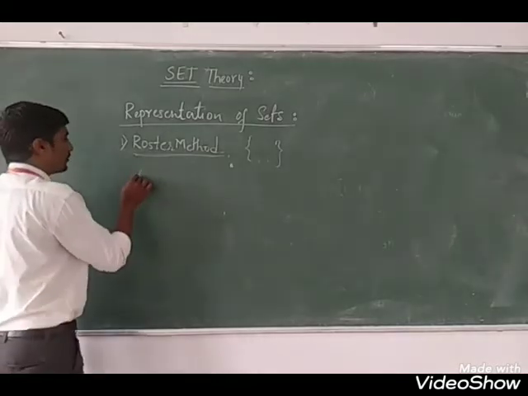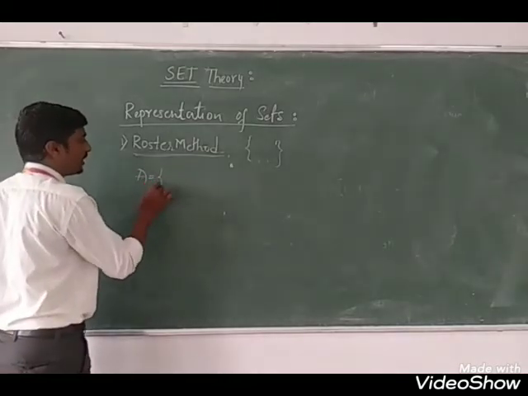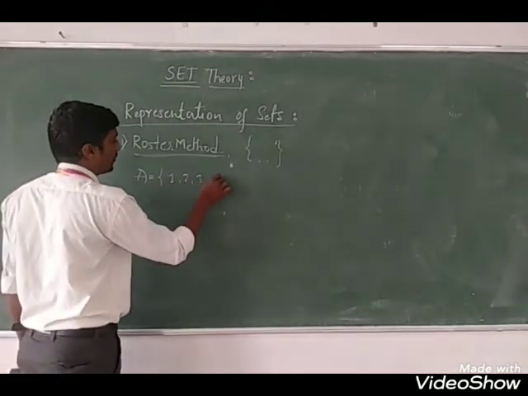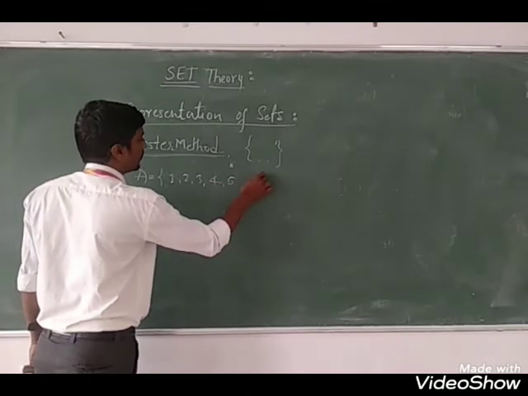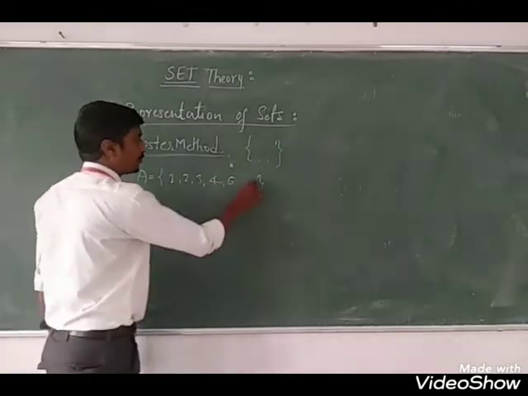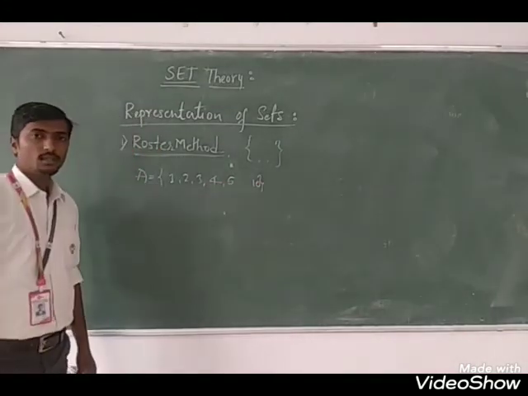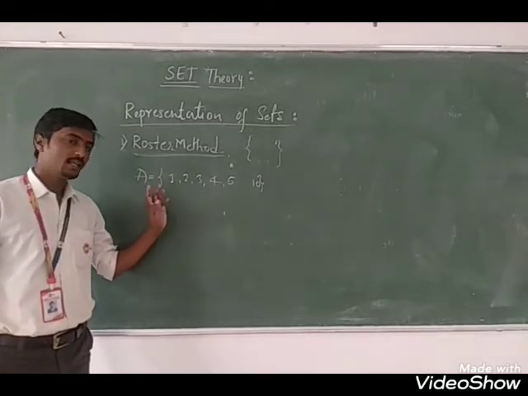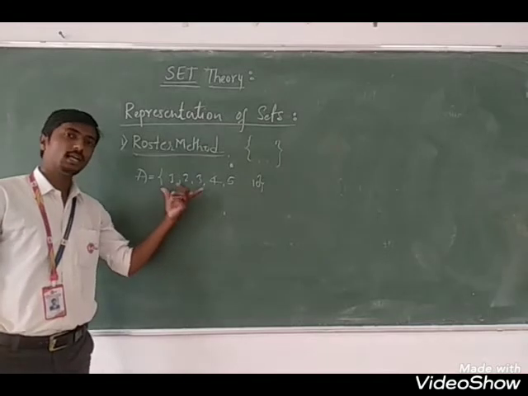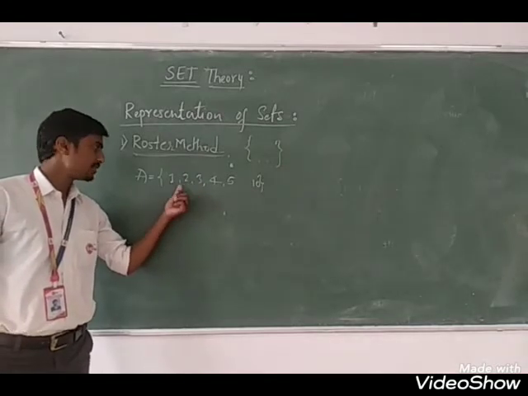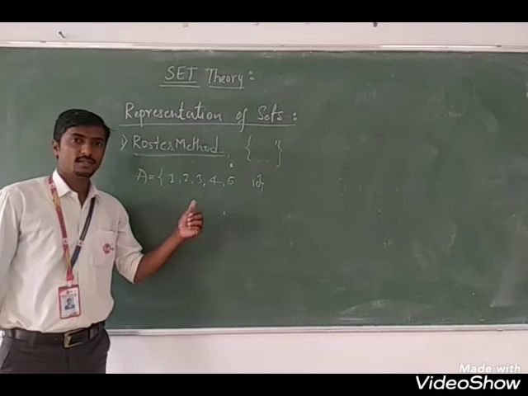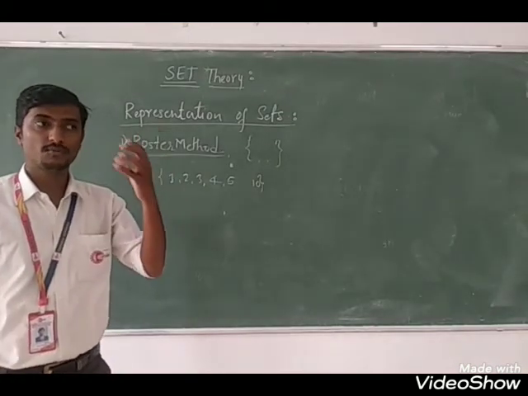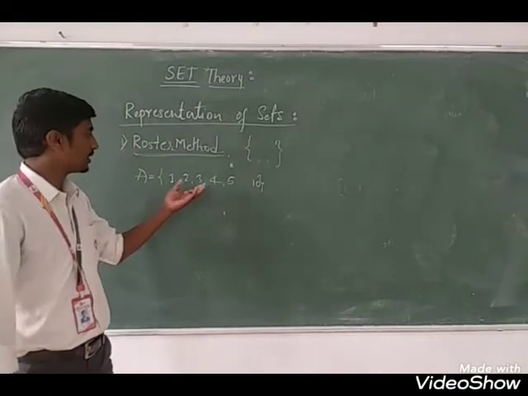For example, set A is what? If I write 1, 2, 3, 4, 5 up to 10, we are listing the elements directly, separating them by commas. Directly we can say which elements are present in this set.